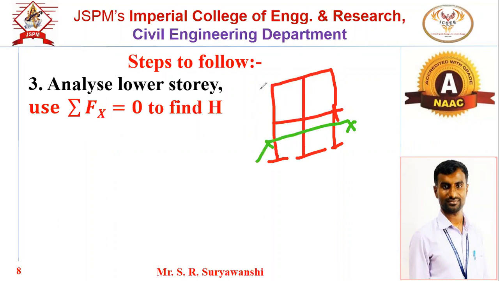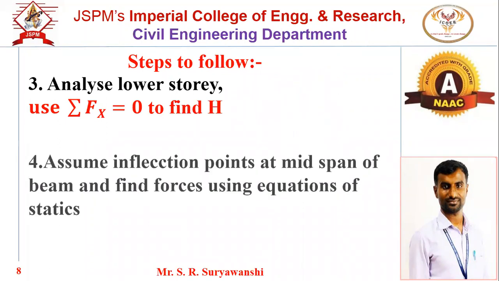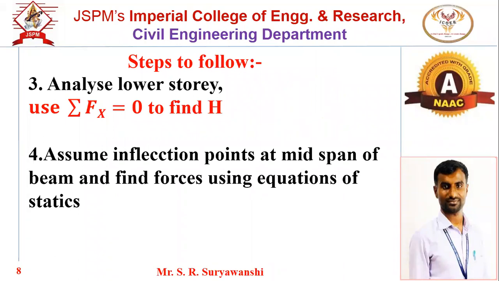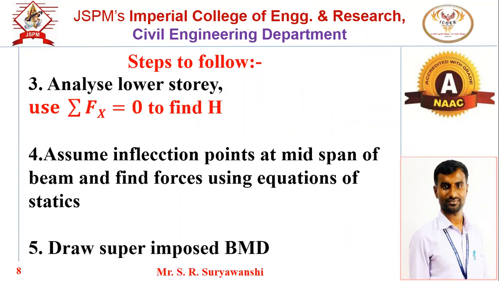Again apply summation Fx by keeping horizontal load for top story and bottom story as it is. Get the h. Again use the assumption, take the section at mid span of the beam, mid height of the column, use three conditions, get the forces. And lastly, draw the superimposed BMD. So these are the basic steps to follow using the portal method.